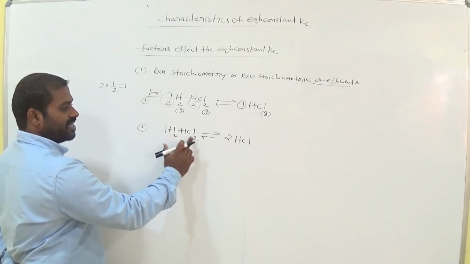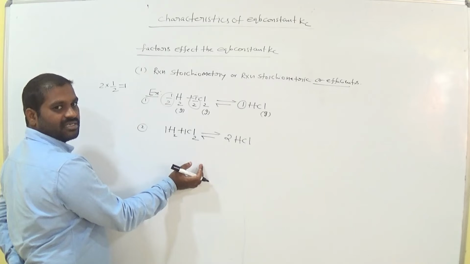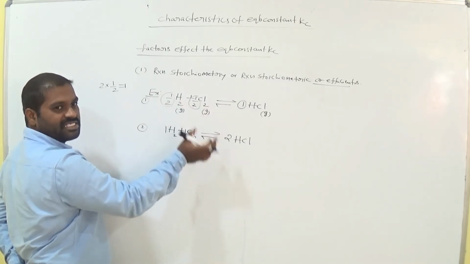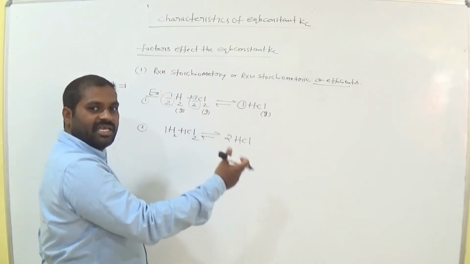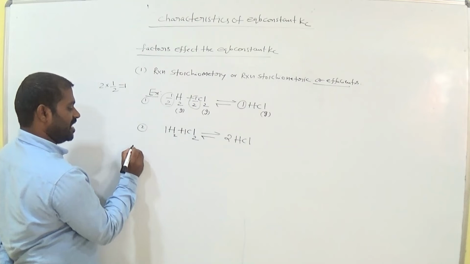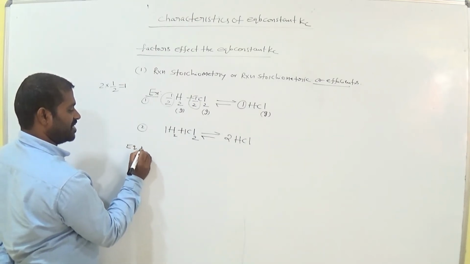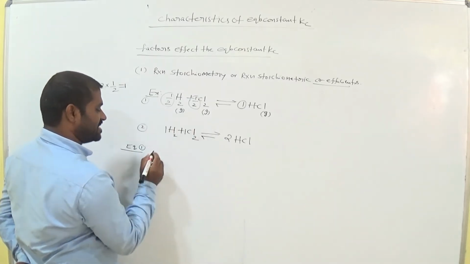Now here, are the stoichiometric quotients changed or not from the first equation? So here we have two different Kc values. That means the stoichiometric quotients affect the equilibrium constant Kc. Okay. So now for the first equation, for reaction 1, what is the Kc expression?